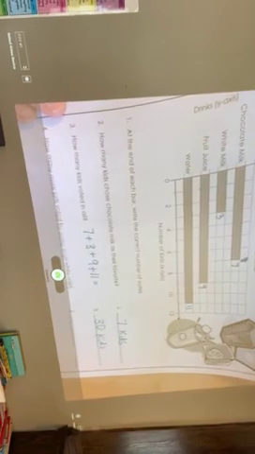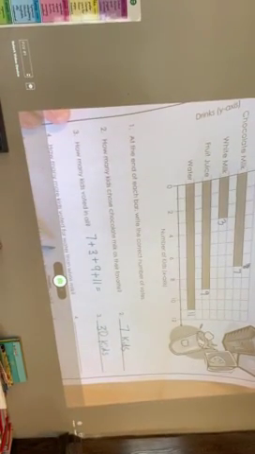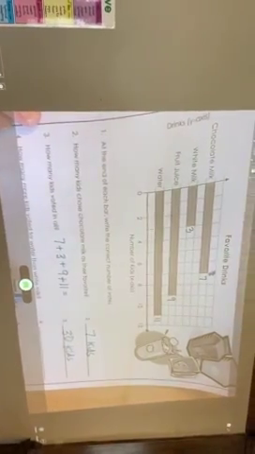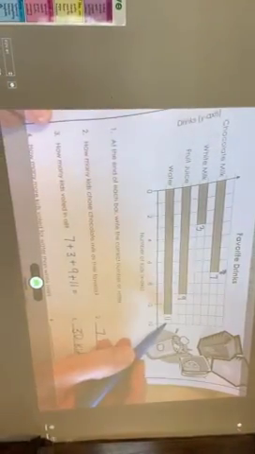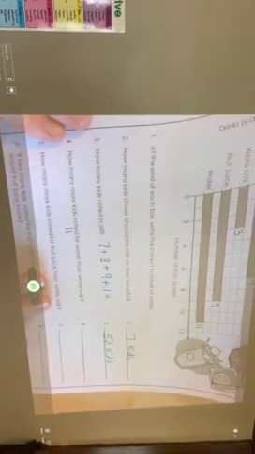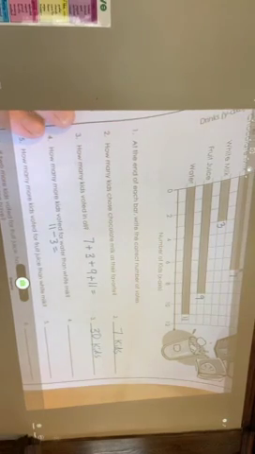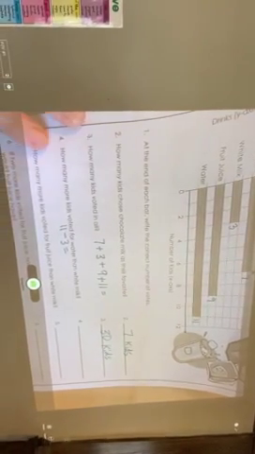Then number 4 says, how many more kids voted for water than white milk? First I have to look at how many kids voted for water, which I know is 11. And then white milk was 3. So 11 minus 3 is 11, 10, 9, 8.